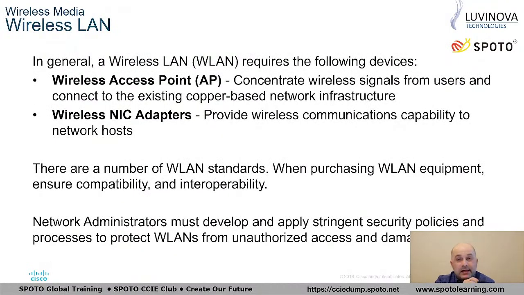Okay, the wireless access point is very important to know. It concentrates wireless signals from users and connects to the existing copper-based network infrastructure. So somewhere in the building, to have wireless access, you place an access point. Whenever a user connects to that access point, the access point is connected to the current wired copper cable network.